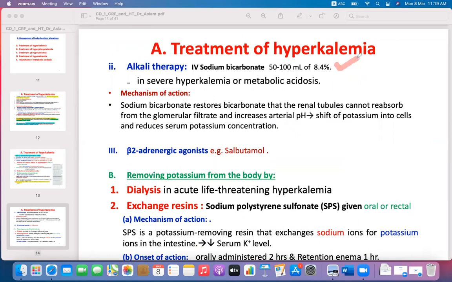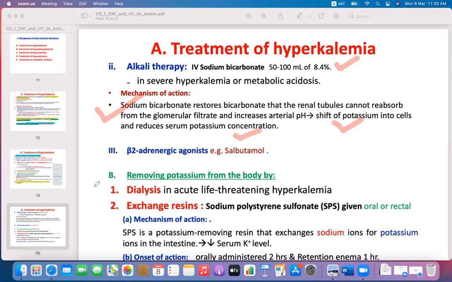Alkali therapy, 50 to 100 ml of 8.4% in severe hyperkalemia or metabolic acidosis, because sodium bicarbonate restores the bicarbonate that the renal tubule cannot reabsorb from the filtrate and increases the arterial pH, which leads to a shift of potassium into the cell and reduces the serum potassium concentration. So to reduce the serum potassium concentration, we need intravenous sodium bicarbonate.